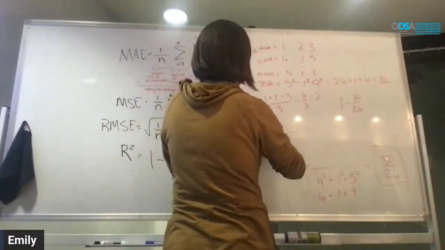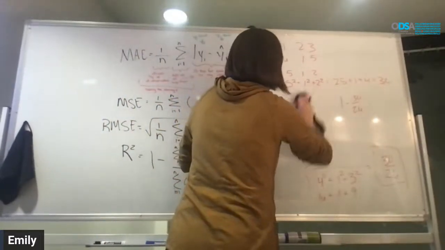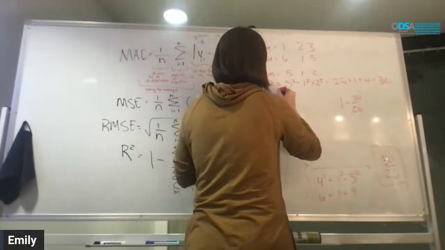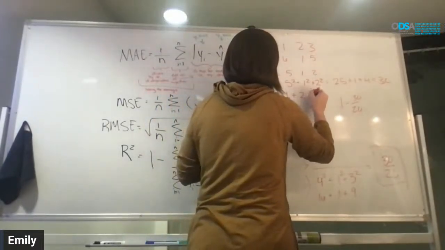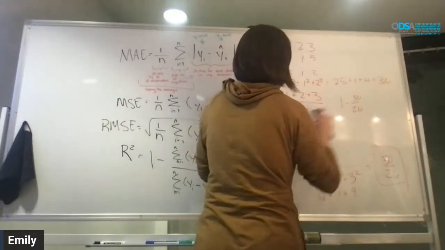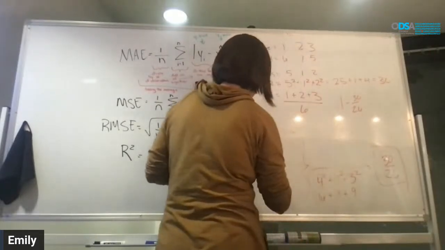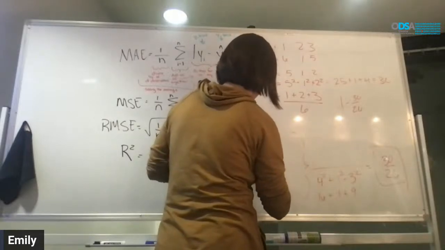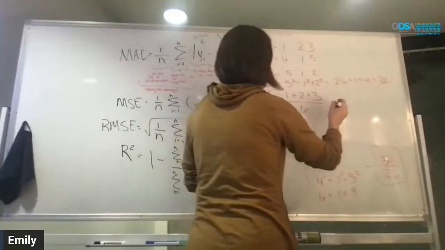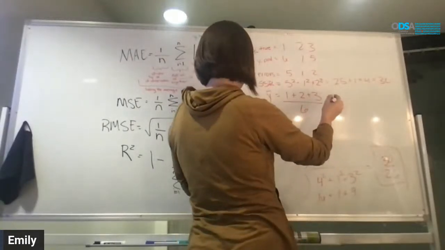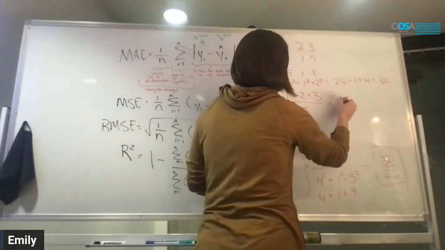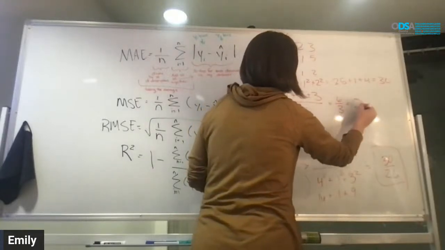Y bar: 1, 2, 3, over 3, 6 over 3, which equals 2.